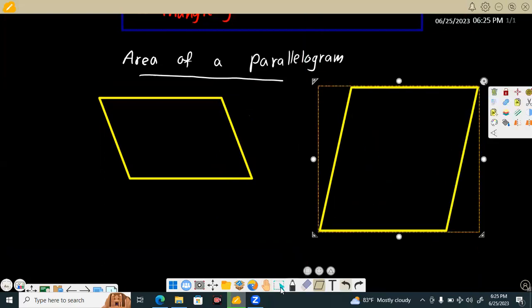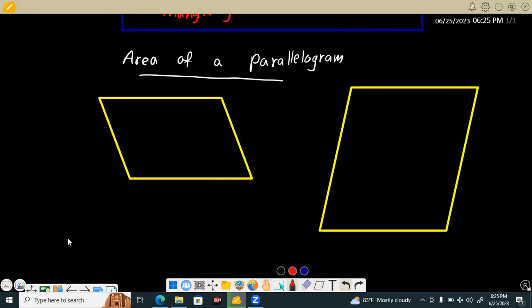Then, Pute, when you consider the area of a parallelogram, the area of a parallelogram is obtained by base into its height.